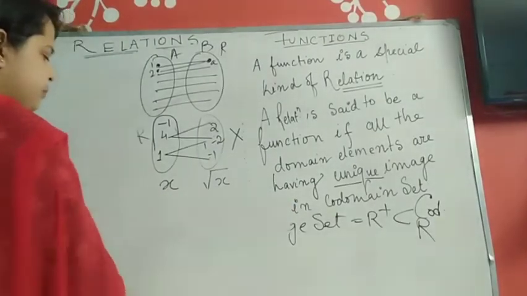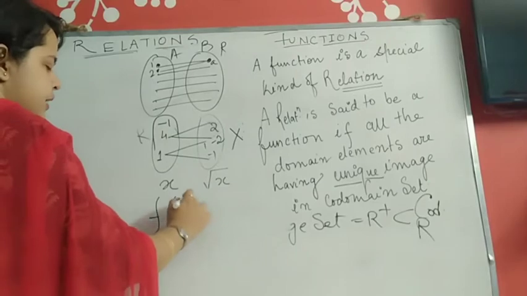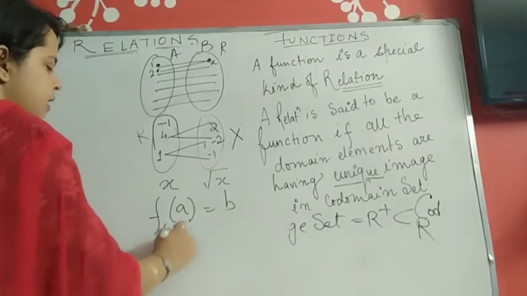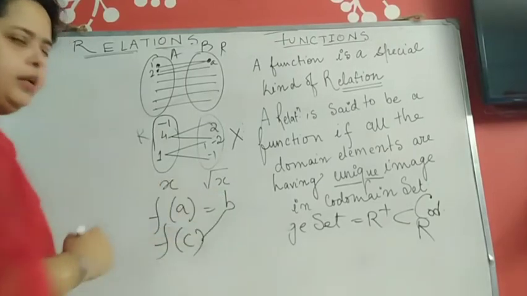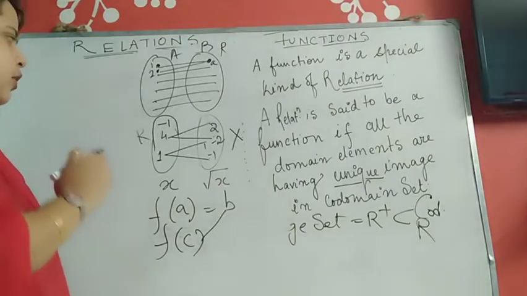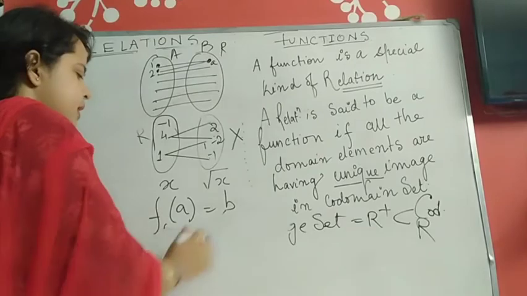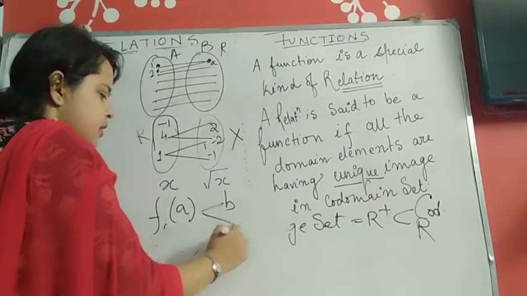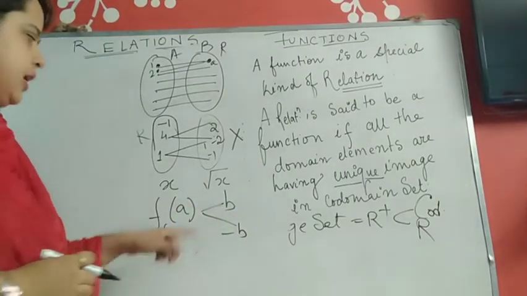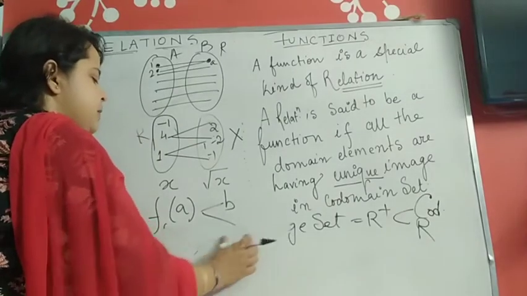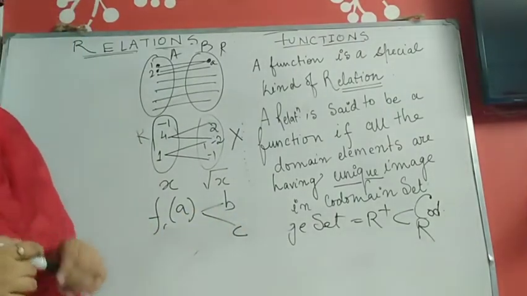That is, it may happen that f of a and f of c are the same. That is possible here. But what is not possible? That f of a is delivering me double answers. This is very important. Okay, it is giving me b as well as minus b, or b or c, both of it. That is not possible.